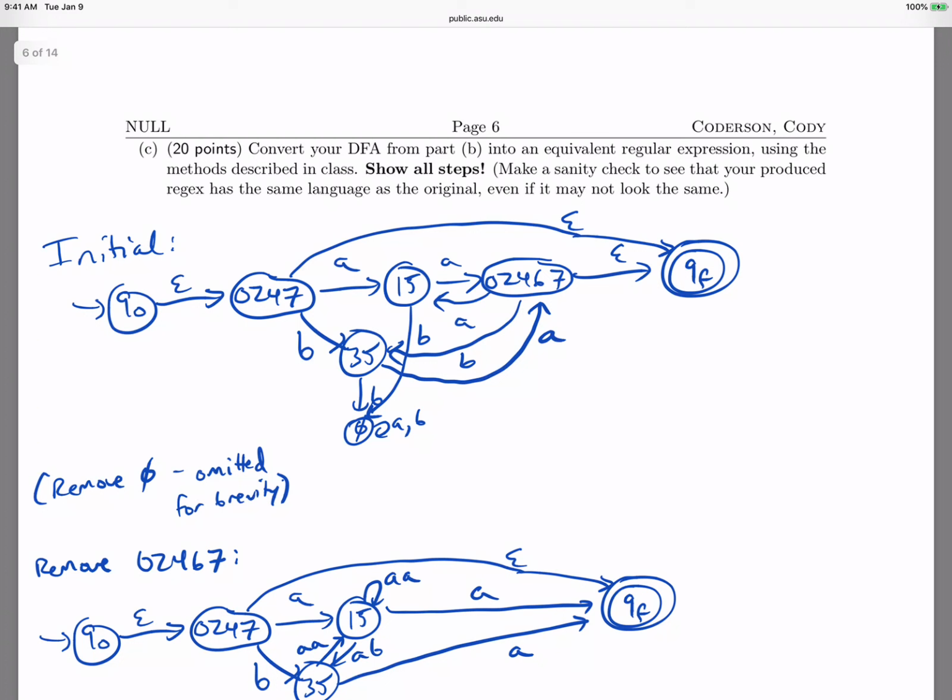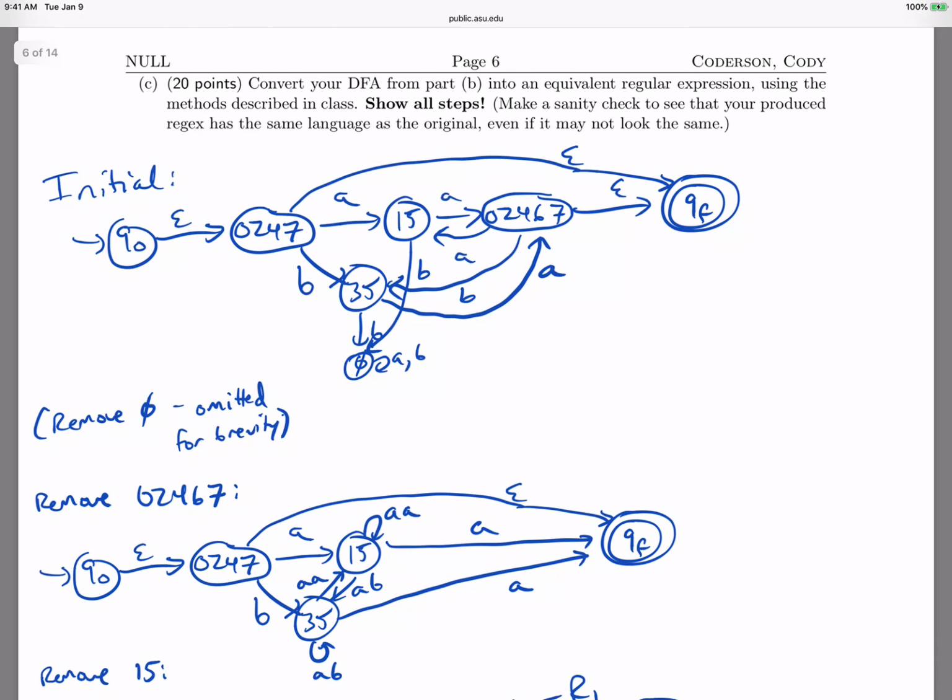A lot of people, surprisingly, didn't do the first step of the GNFA ripping process, which is to put the new start state on the front and going to a single final state on the end. So you have to do this, no matter what the original NFA was, or DFA. So that's what I did here.